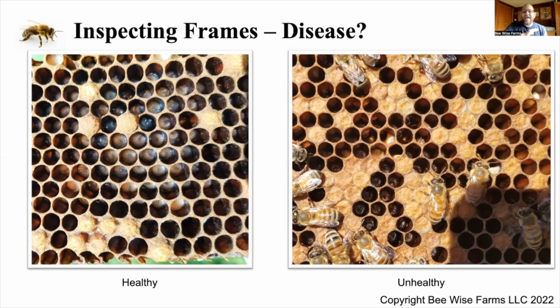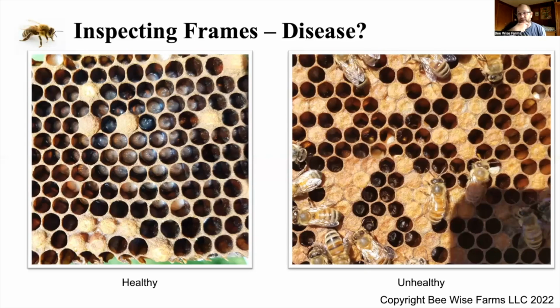If there is any discoloration, yellow, brown color, that is an indication that those larvae have been fed contaminated food. And typically what that food is contaminated with is bacterial spores. And oftentimes one of the major pathogens that we see that is fed to bees through the food is European foulbrood. And your brood will change color when it's affected by European foulbrood, and it will look kind of like a yellowish color.